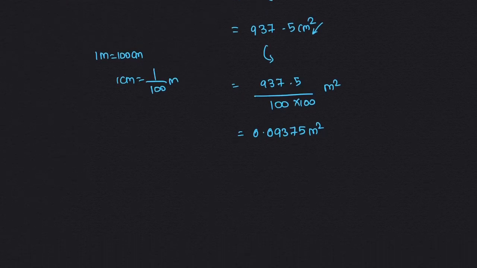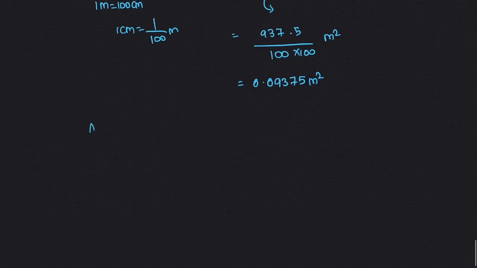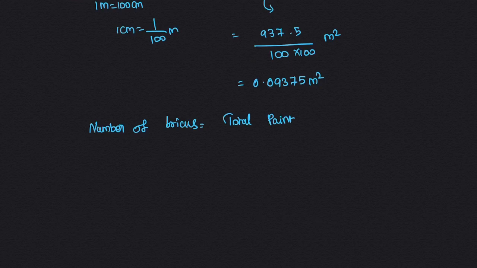Now just comparing the total area and the individual brick's area. So the number of bricks is equal to the total paintable area divided by the individual brick's area.